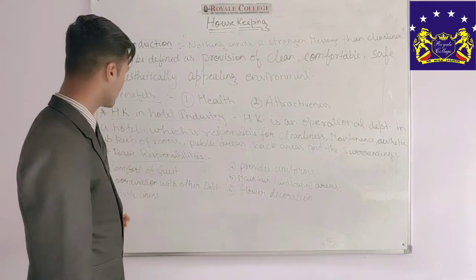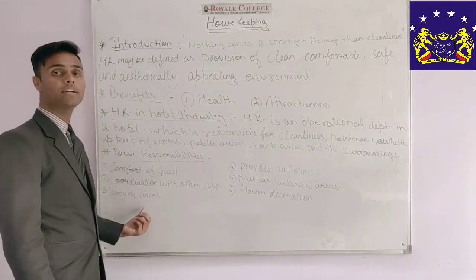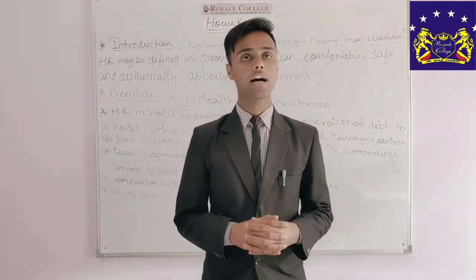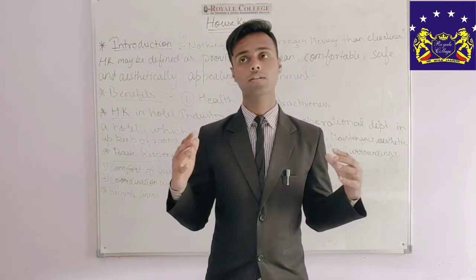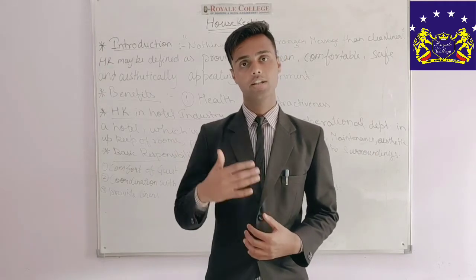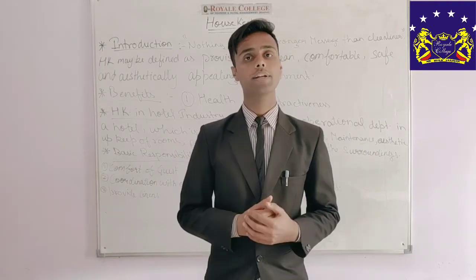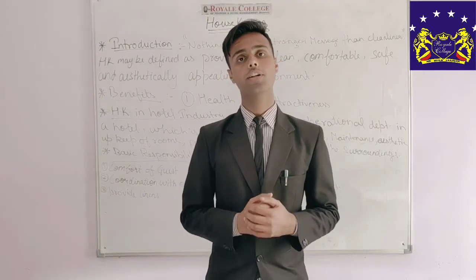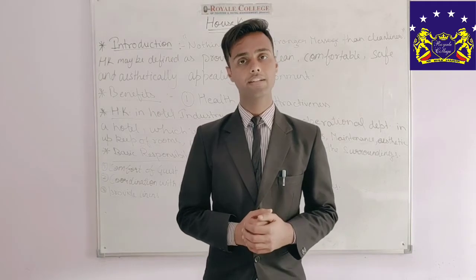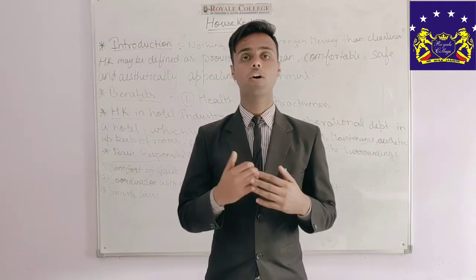Now we'll go to the third point, which is provide linen. Students, linens are pieces of cloth like pillowcases, bed sheets, upholsteries; they all come in linen. This is the responsibility of the housekeeping department in the hotel, that they provide linen to the different departments.